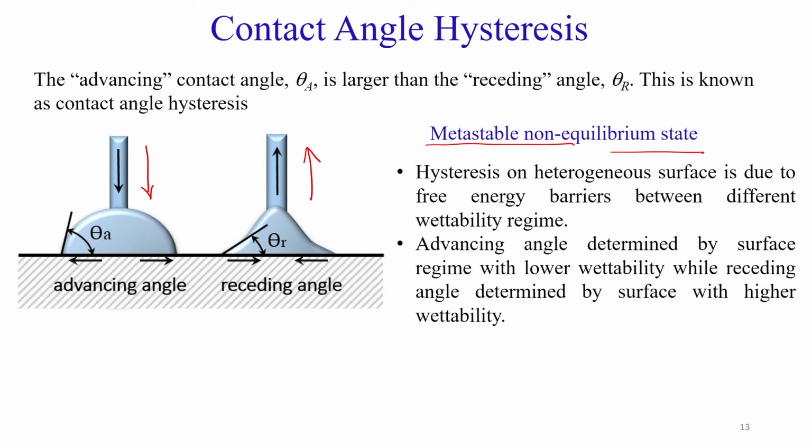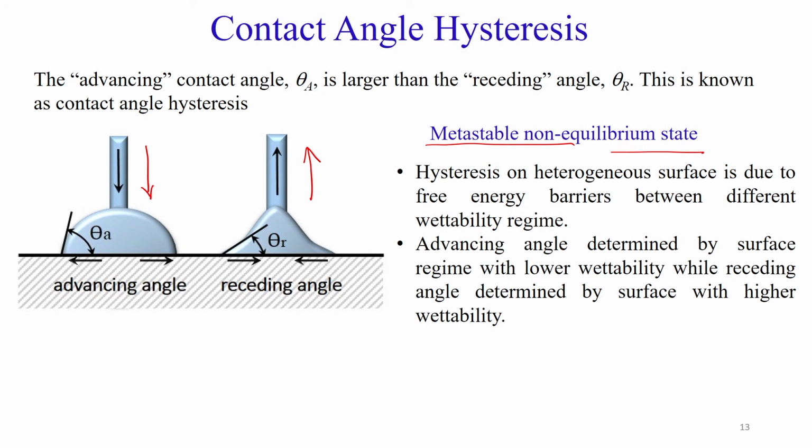So, again it says there will be a difference between the advancing angle and the receding angle. The advancing angle is determined by lower wettability, while the receding angle is determined by the surface with the higher wettability.